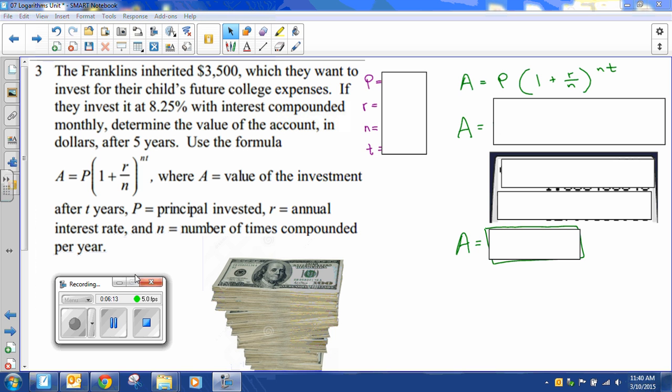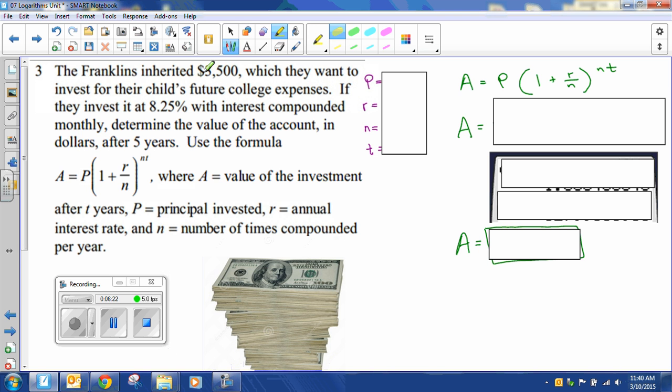Finally, we have a financial example. Here we have the Franklins inherited $3,500, which they want to invest for their child's future. I'm going to highlight the pertinent information as we read through. If they invest at 8.25% with interest compounded monthly, determine the value of the account in dollars after 5 years.